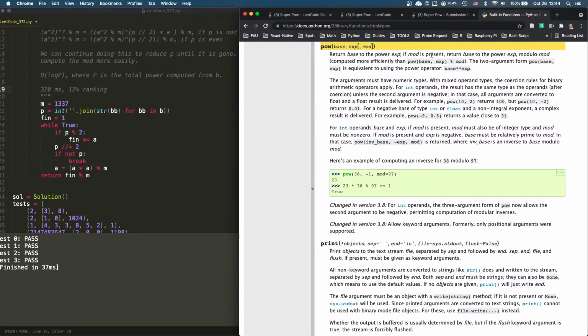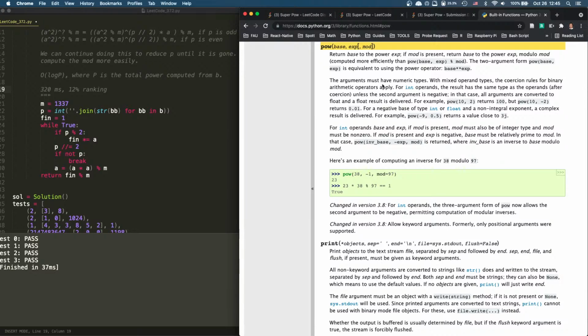If mod is present, return base to the power exp, modulo mod. Oh my god. There is a built-in function for this. Okay, that's why people like Python, because it has a built-in function for this. Jeez.